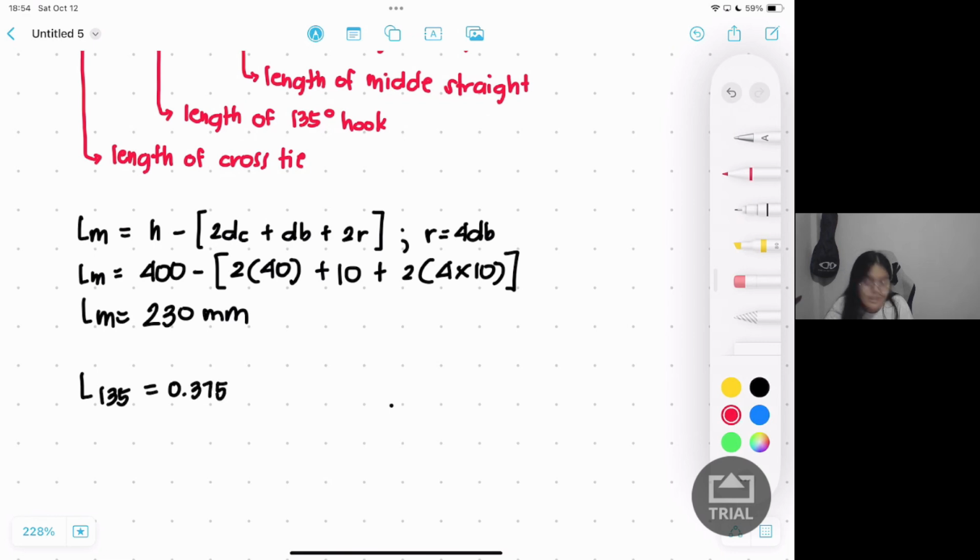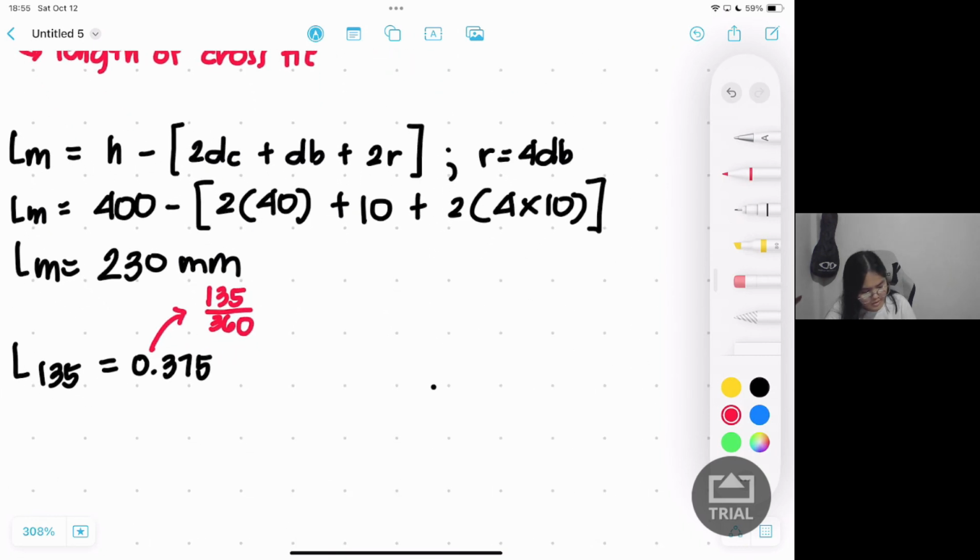Again, itong 0.375 nanggaling lang din sa 135 divided by 360. Okay? Kasi yung 135, hindi natin alam kung quarter circle man siya or semicircle. Actually, wala siya dun sa dalawa. Okay? So, kailangan nating i-ratio and proportion para makuha lang natin yung part ni 135 degree sa whole circumference.